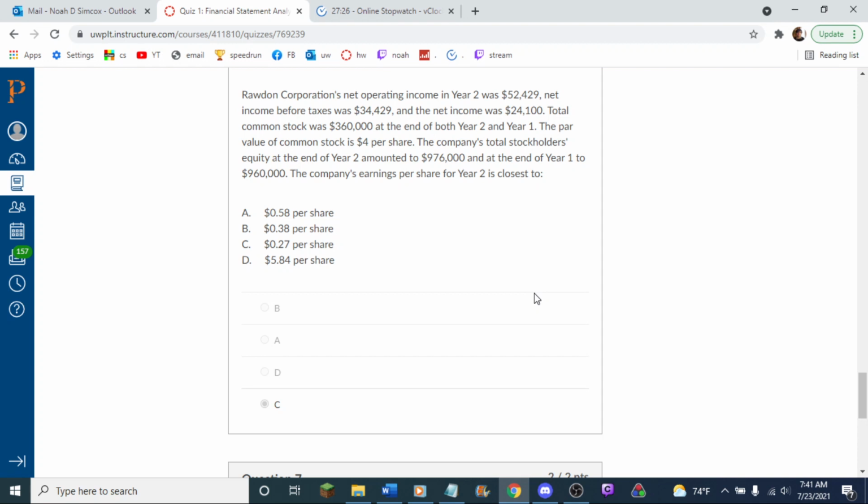I used the net income. The average number of common shares outstanding. How do you determine that? So the way I determined it was, here's the number, here's the average.